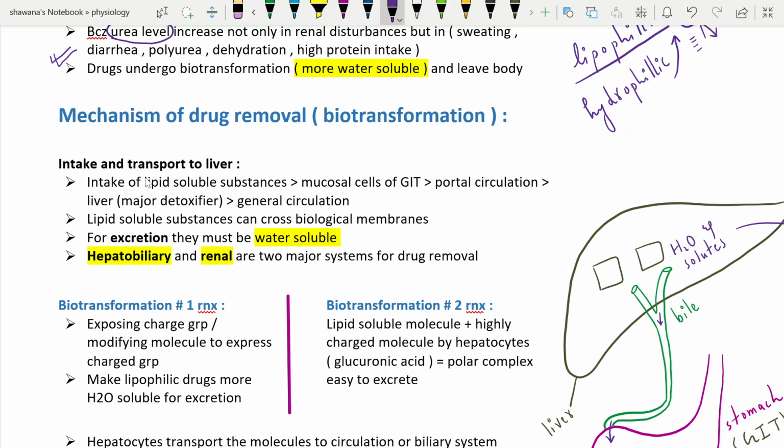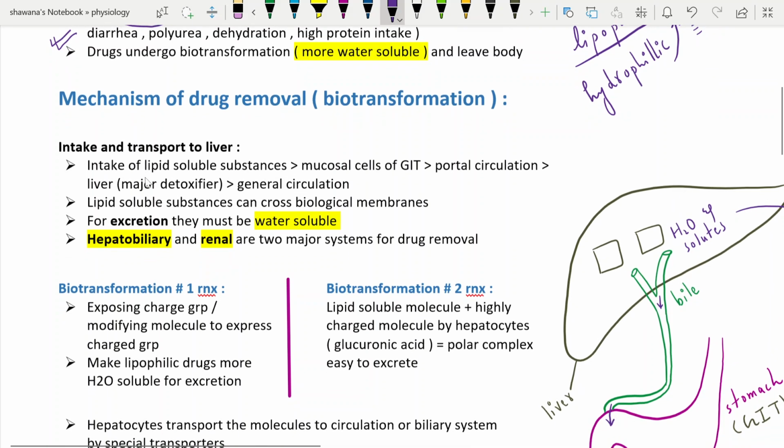Okay, just think logically: if we ingest a drug, it goes into the GIT, it goes into the portal circulation, and then it goes into the general circulation. The lipid soluble molecules, as I discussed earlier, can cross the biological membranes, meaning the plasma membranes of the cell.